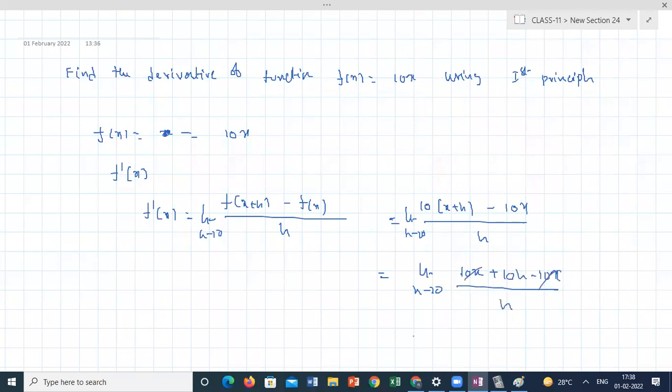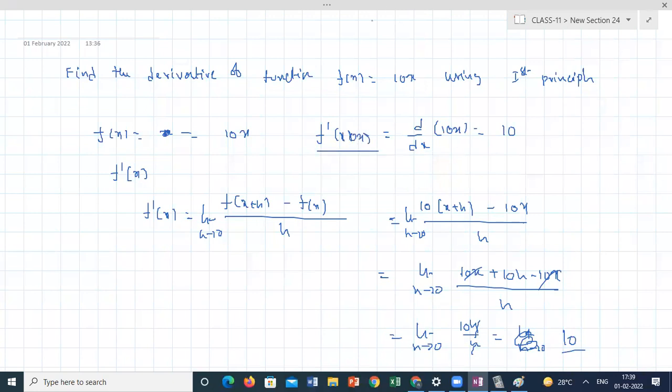So 10x cancels, and limit h tends to 0, 10h by h, where h cancels. Sorry, the proper limit is 10. So d by dx of 10x is nothing but 10, or you can write f dash of 10x is equal to 10.